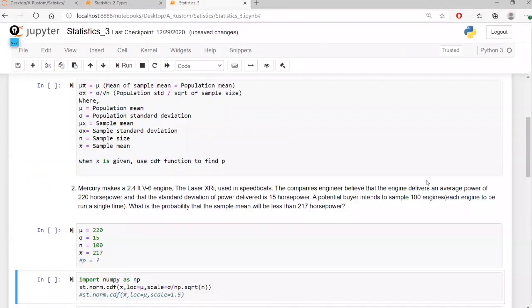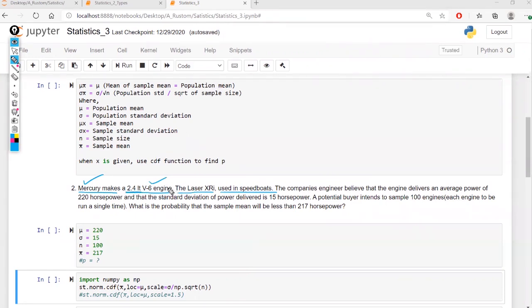All right. Let's understand one more problem statement here. The problem statement is something like this. Mercury makes a 2.4 liter V6 engine, the Laser XRI, used in speedboats. There is a company called Mercury which manufactures V6 engines.